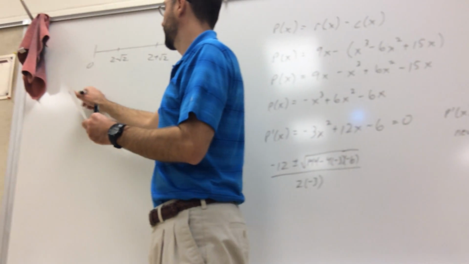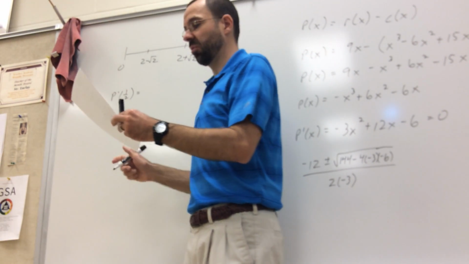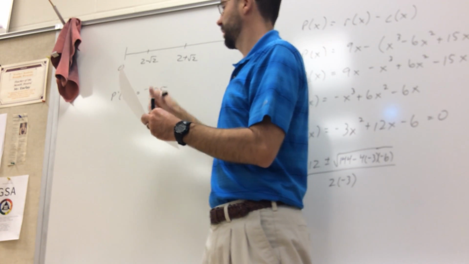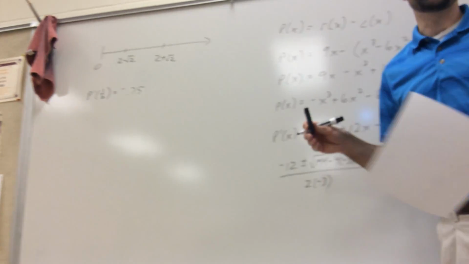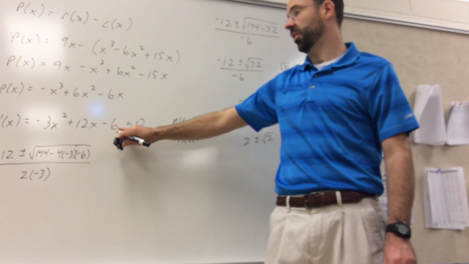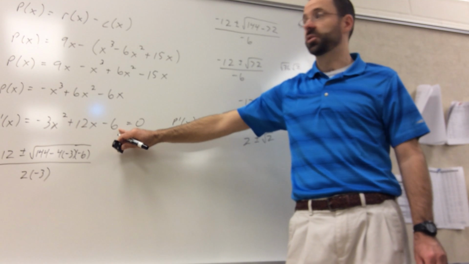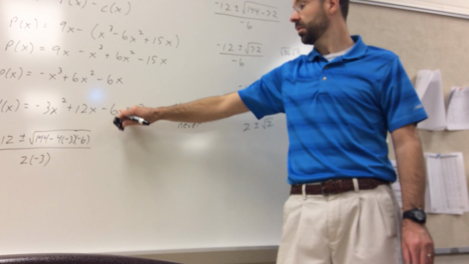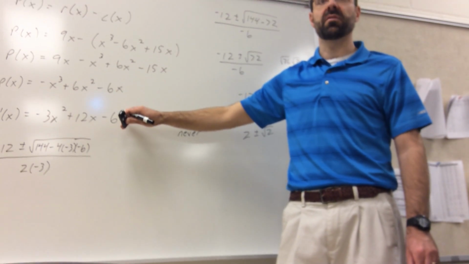So now we're going to test our intervals. So I plugged a half into p prime, and I got negative 0.75. So I'm just looking at what I did last year, but right here's my derivative, right? So I just plugged a half into that, and it came out to negative 0.75.